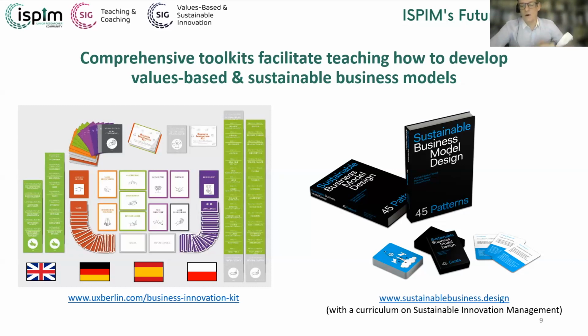Patterns understood as a combination of sustainability challenges and business solutions to address or to make a positive contribution to these sustainability challenges, that we derived from a very comprehensive literature review, where we're looking at all the business models that claim to be sustainable out there in the academic and in the gray literature, to identify these 45 patterns, and those are now condensed really into these 45 parts.